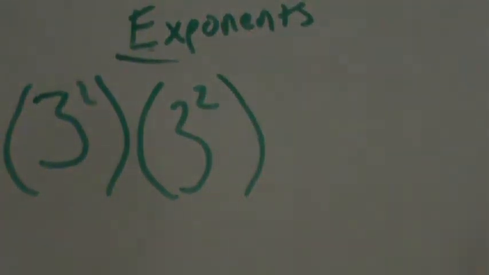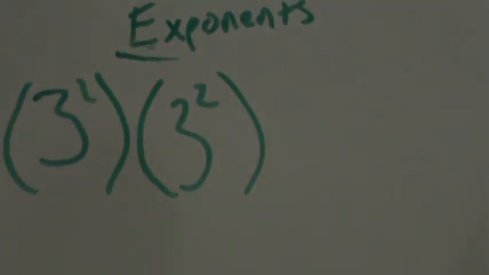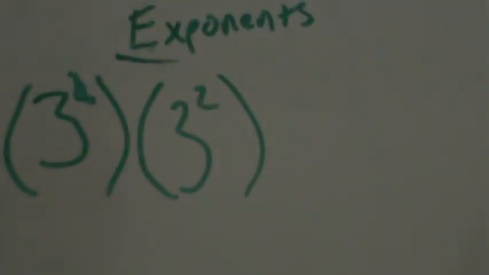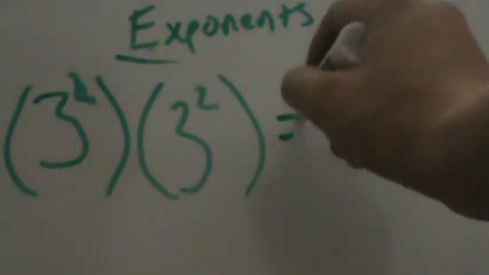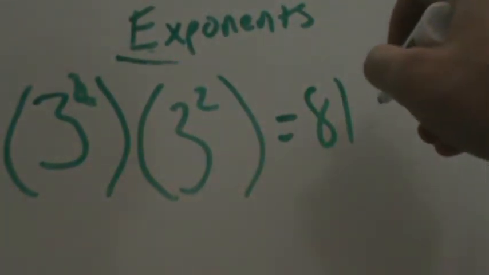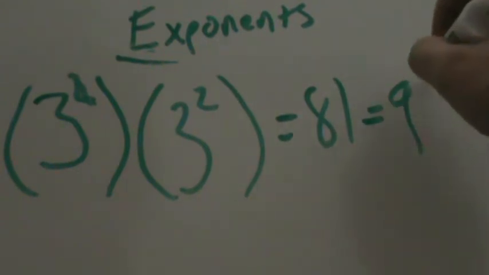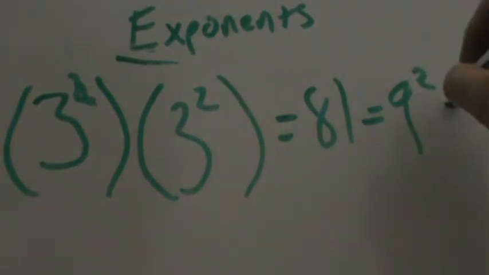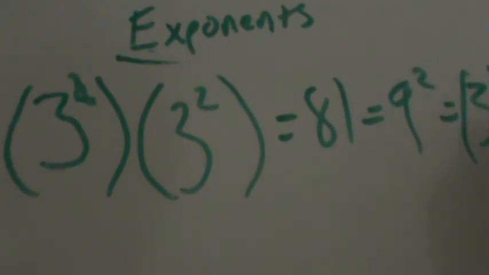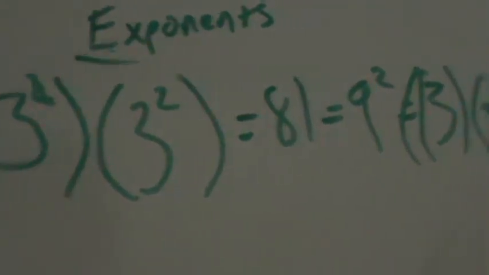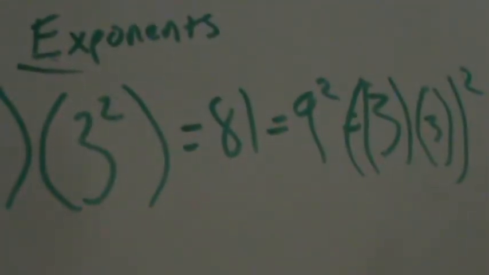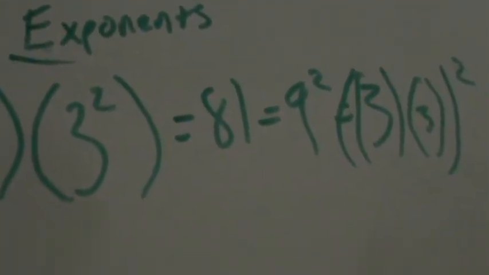Now, if two exponents are being multiplied by each other and they have the same exponent, then you can just multiply the bases together and you'll have equivalency. So we know that this is equal to 81, which is equal to 9 to the second, which is equal to 3 times 3 to the second power. So yeah, sorry about that. I totally had a brain fart there.